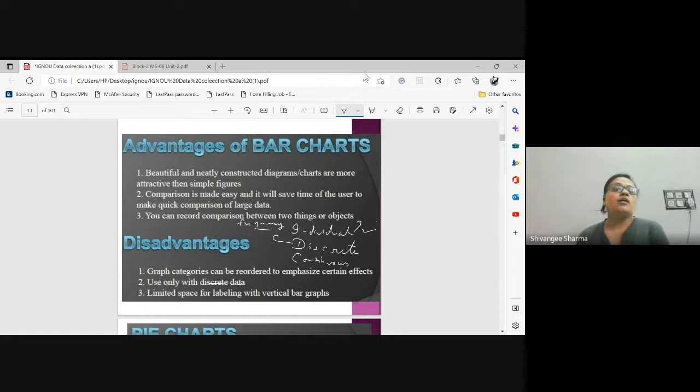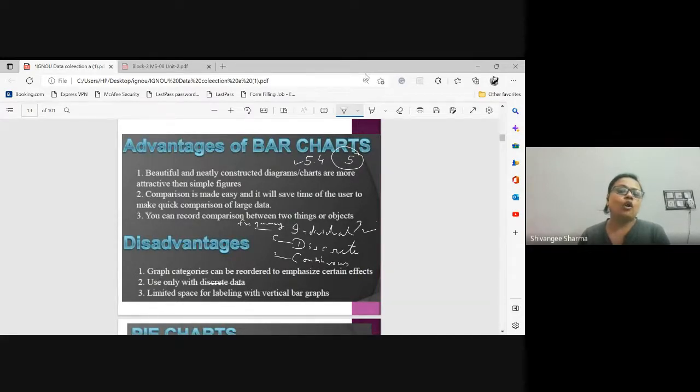Suppose there are 5 students having the height of 5 feet and 4 inches. So this data will be like this, that the height of 5 feet and 4 inches is of 5 students. So this kind of data in which we have frequency of the data set, that is discrete data set.